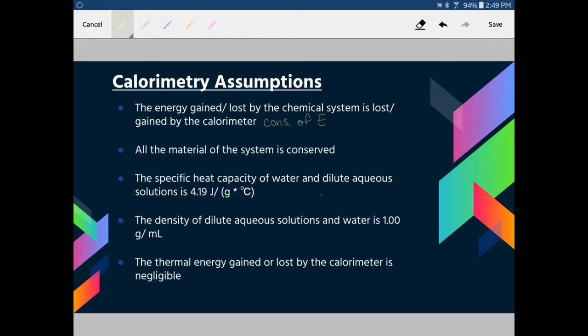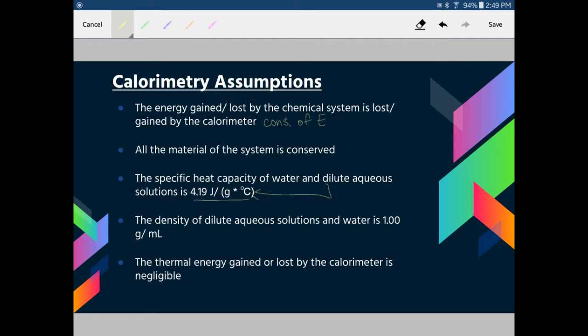The specific heat capacity of water in dilute aqueous solutions is 4.19 joules per gram degrees Celsius. Dilute aqueous solutions essentially have a very small amount of solute dissolved in water, and we just assume for simplicity's sake, because it really doesn't affect it to a certain extent, that this is still the specific heat capacity value for dilute aqueous solutions.